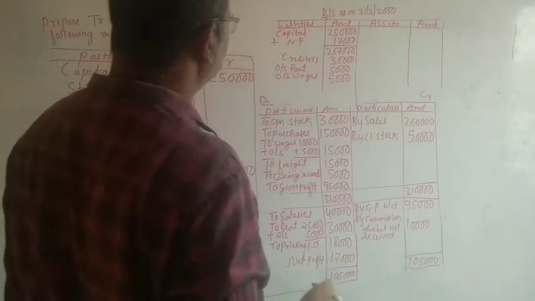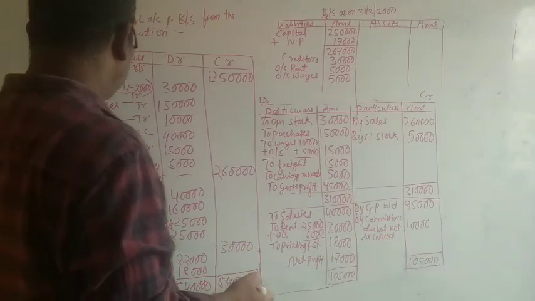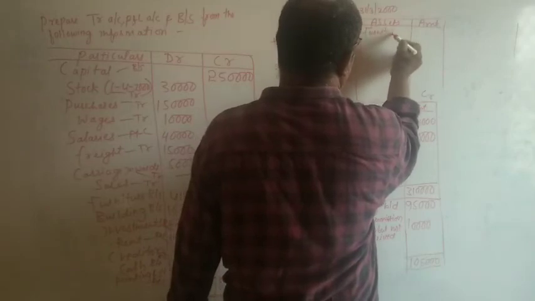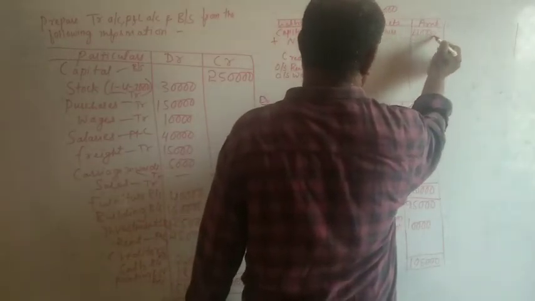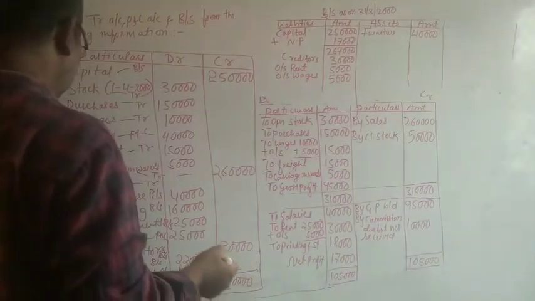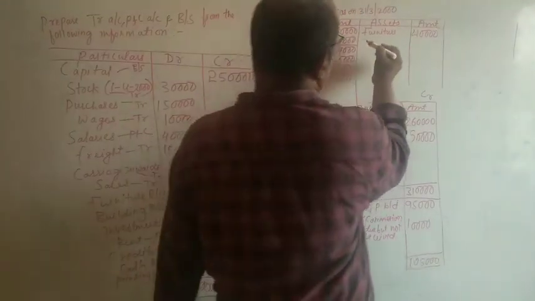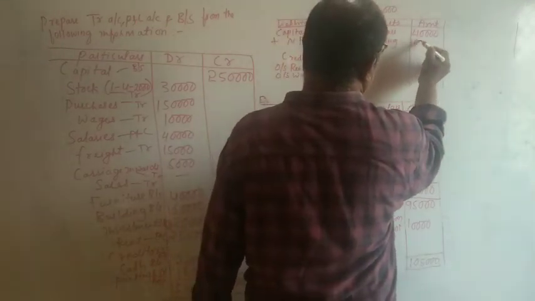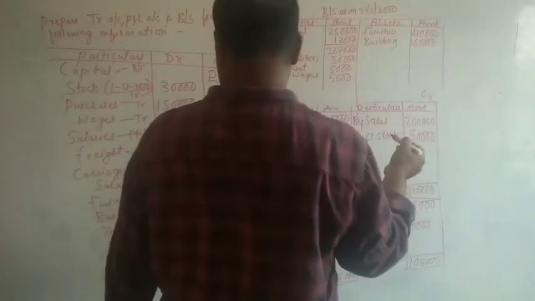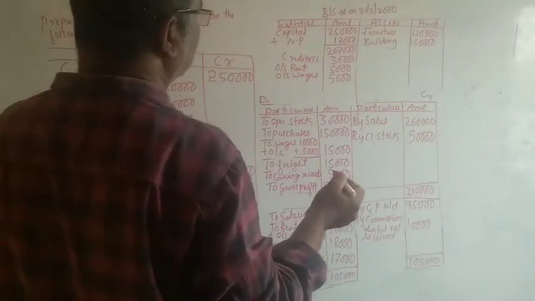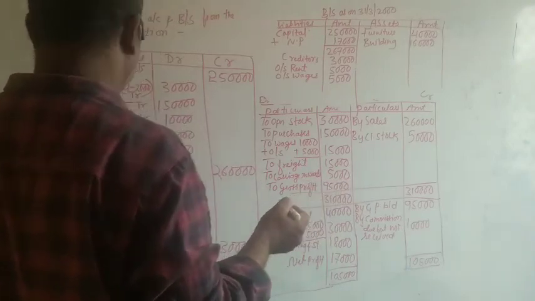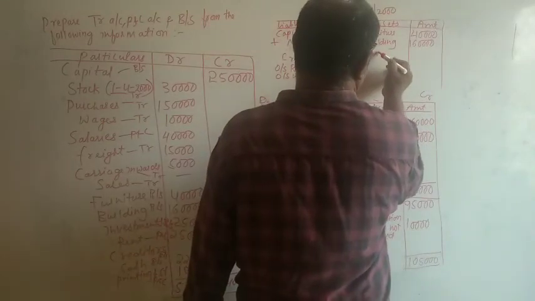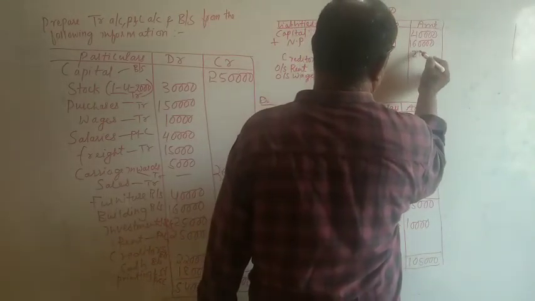So let us see the asset side now. Furniture 40,000. Building 1,60,000. Investments 25,000.